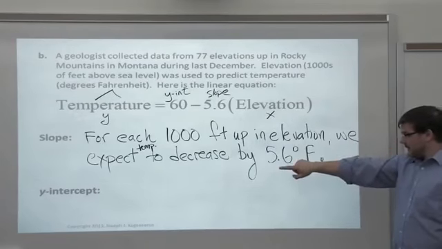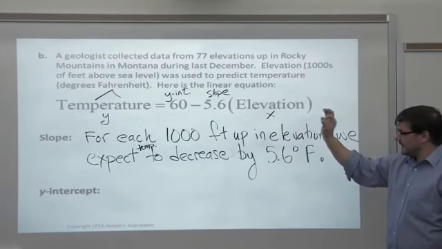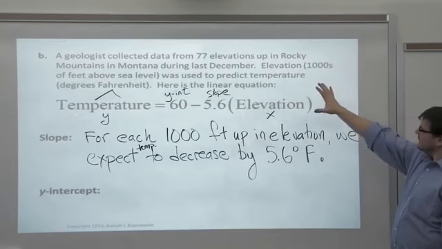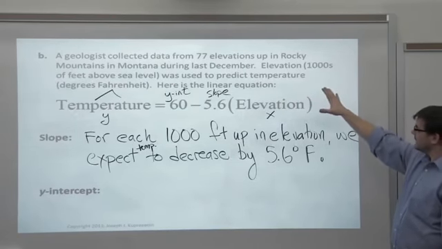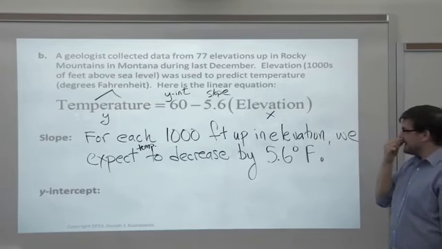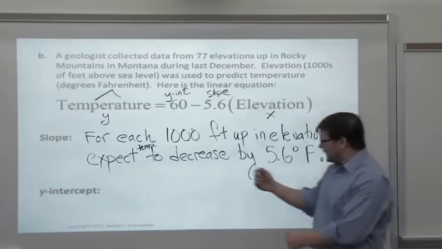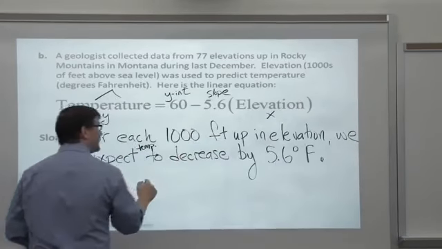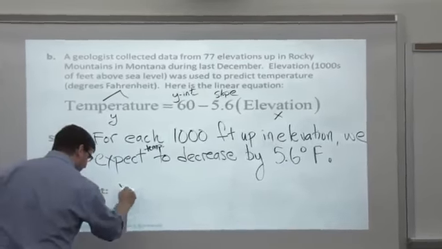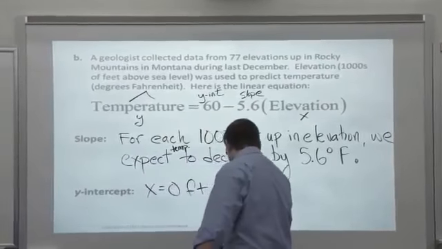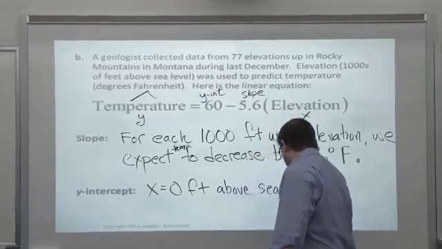Let's talk about the y-intercept. The y-intercept is 60 degrees Fahrenheit. I look at the problem description. It says data was collected up in the Rocky Mountains in Montana. An elevation of 0, x equals 0, really doesn't make sense for this data set. We sort of have to think outside of the box here. X equals 0 feet above sea level.